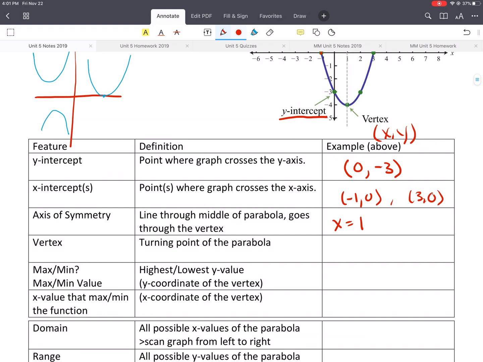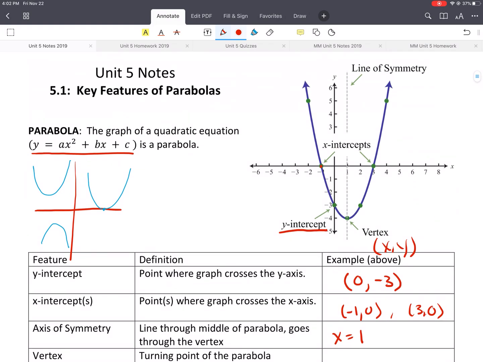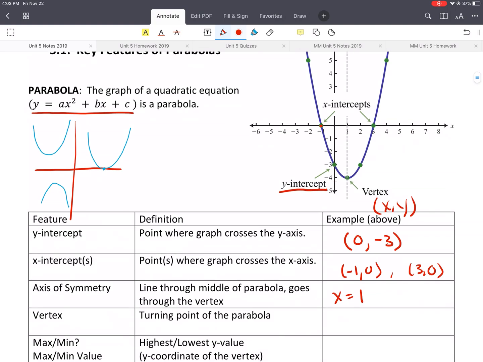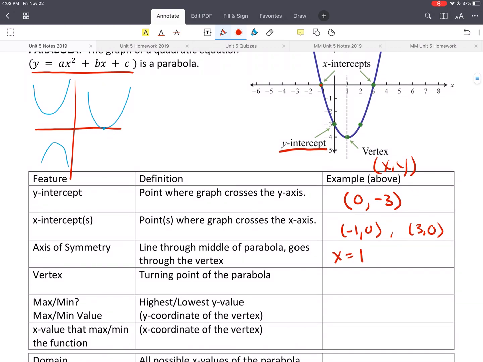All right, a vertex is the turning point of the parabola. So here we have slope is negative, negative, negative, negative, negative. Then here at this point, the slope is 0, and then it starts being positive again. So it would be the turning point of the slope of the line. It's always the lowest point of the parabola, or if it's concave down, it would be the highest point of the parabola.